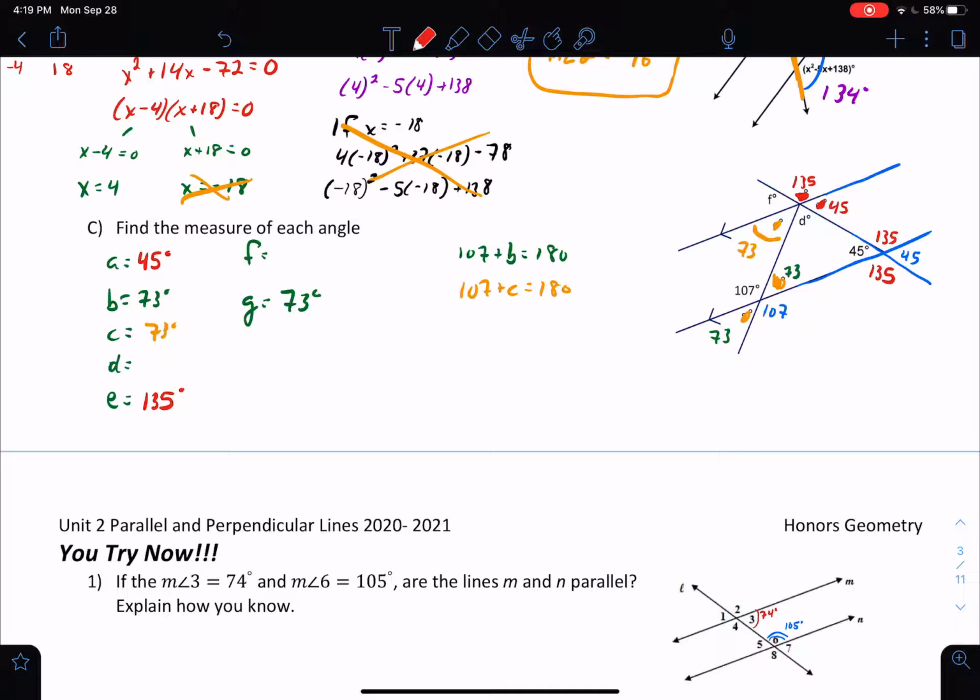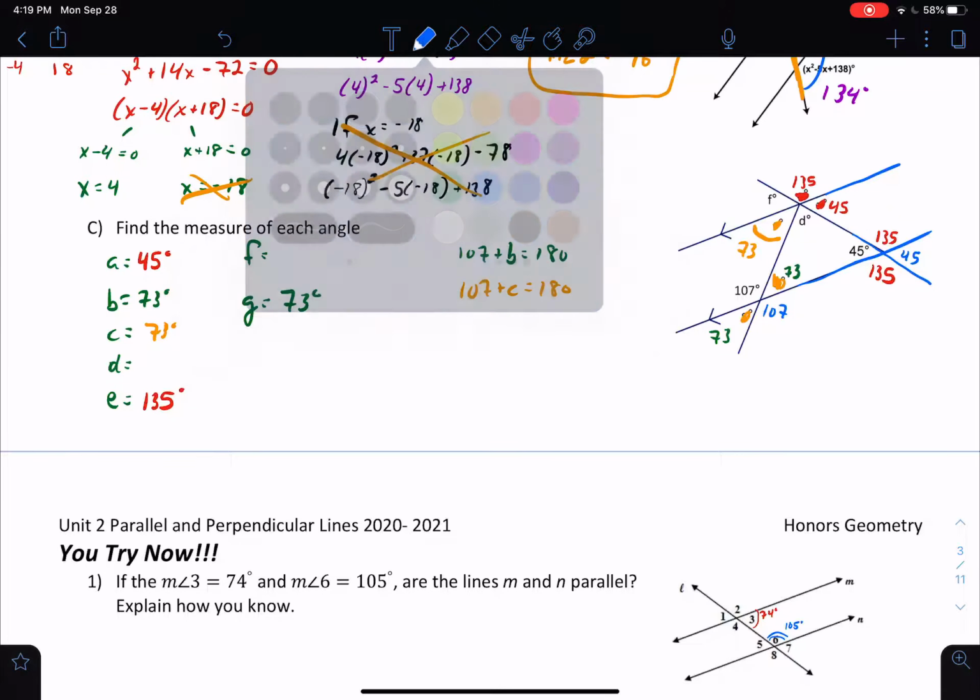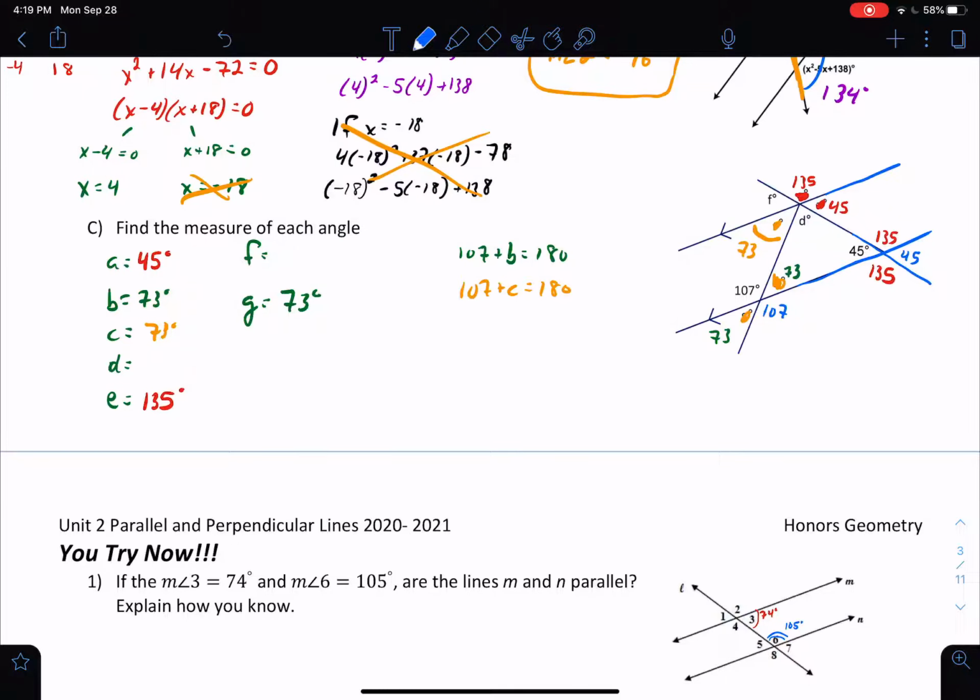All right, F. Now that I know that E is 135, I know that F plus 135 has to be 180 because they form a straight line. So that means that F has to be 45 degrees. Or maybe you saw that F and A were vertical angles. All right.